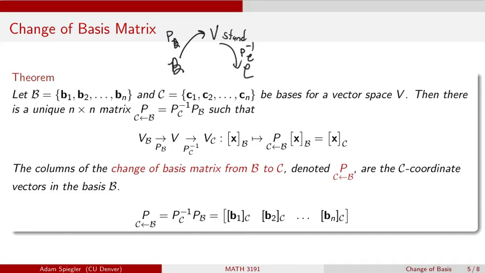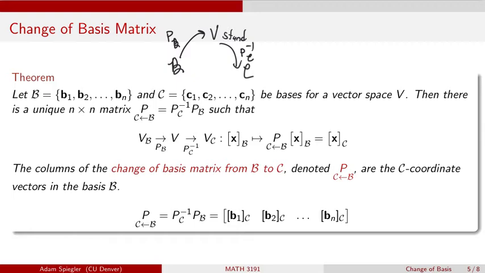And what we'll see in the next example is that this change of basis matrix from B to C, we can also write by taking each of the basis elements in basis B and expressing each of these in terms of their C coordinates. So that's what this matrix is denoting here.